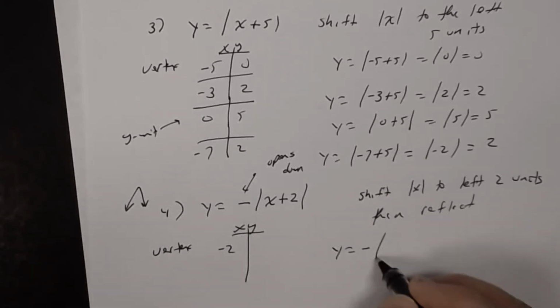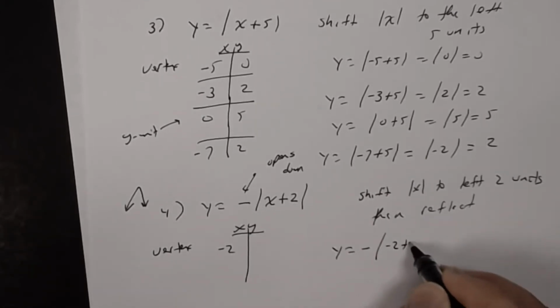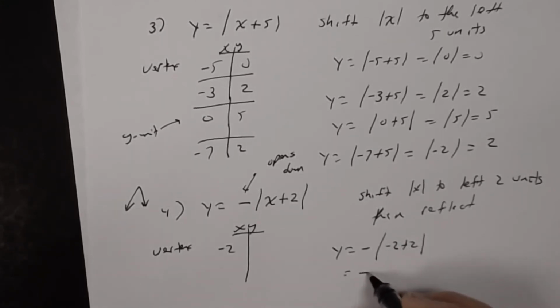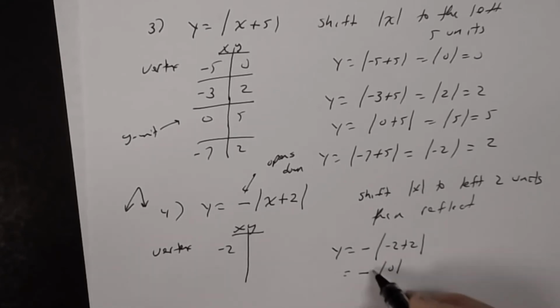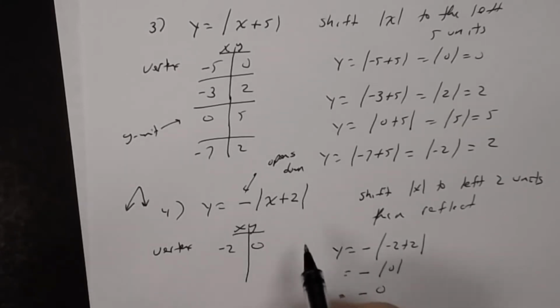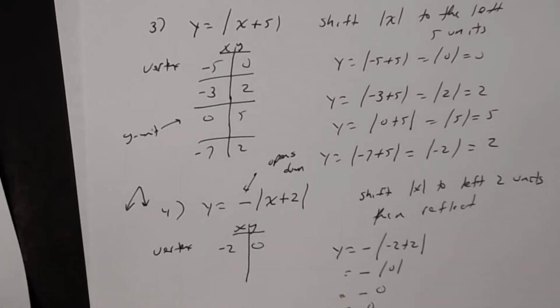So the opposite of the absolute value of negative 2 plus 2. Negative 2 plus 2 is 0, so this becomes the opposite of the absolute value of 0. The absolute value of 0 is 0, so this becomes the opposite of 0, which is 0. So I'm plot the point, negative 2, 0.